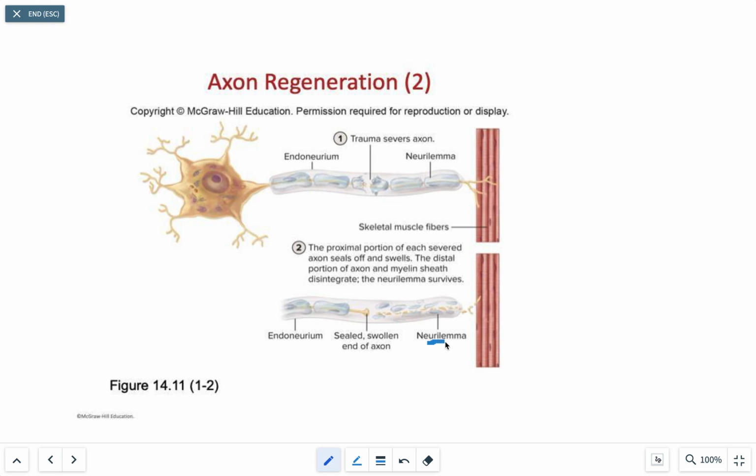Again, the neurolemma is the outer sheath of the myelin, and it is going to be part of the process of forming a tubule. The other part that's going to survive the injury is the endoneurium, and this area is important because this is where the individual axon is going to make its way through the injury site and eventually attach to the effector.